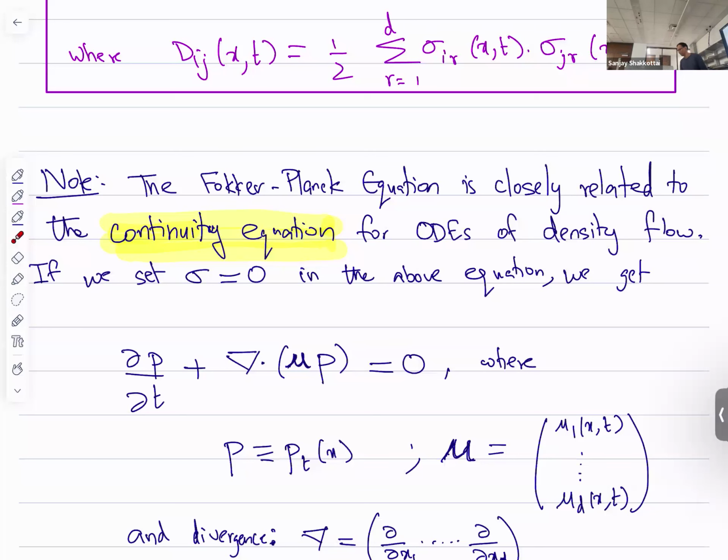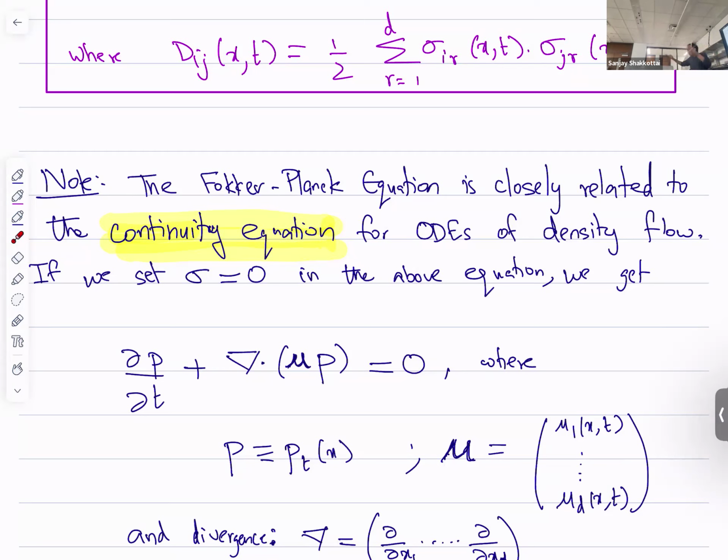this is something called the continuity equation. It says that if you have density, then there's conservation of mass, and so you need to conserve flux. The equation that comes out of this is del P by del t, how does the density evolve, plus del dot mu P equal to 0, where mu is a vector field.